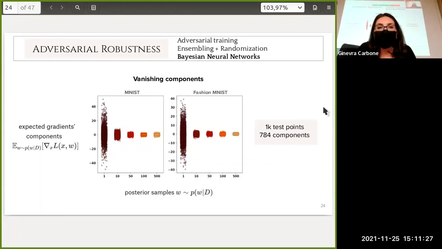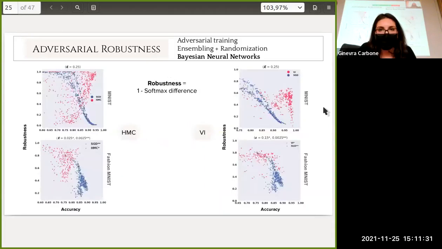And finally, the last thing that we observed about Bayesian neural networks is that there is a particular behavior that holds for Bayesian neural networks, but not for the deterministic ones. In this case, we are studying the correlation between test accuracy and robustness.